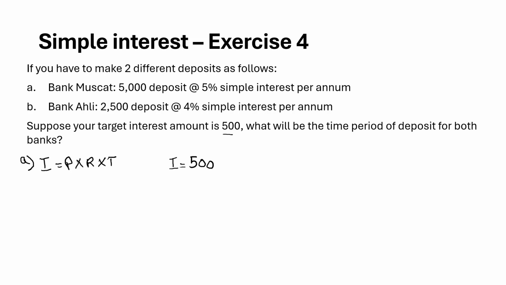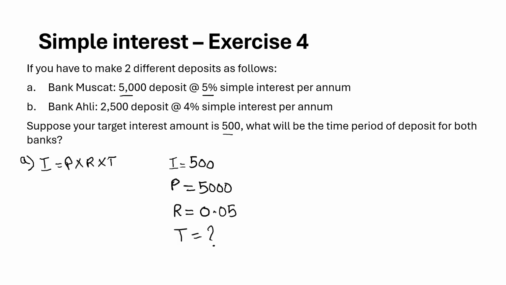Then what is P? P in A, you can see the amount of deposit is 5,000. Then go step by step as per the formula. R, my rate of interest is 5%. 5% means 0.05. And what is my T? T is not given. I need to find it out.